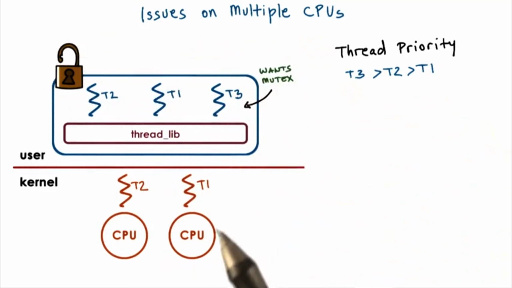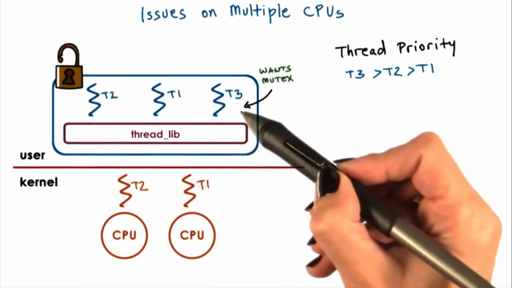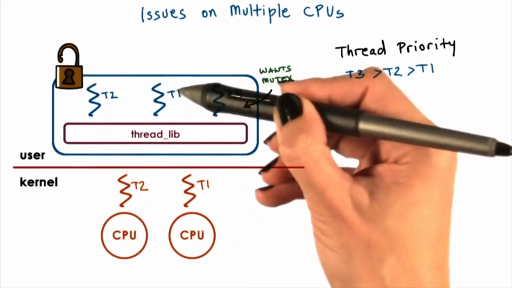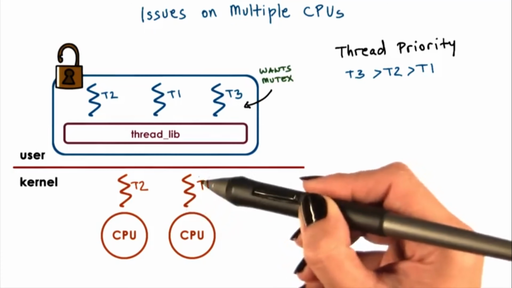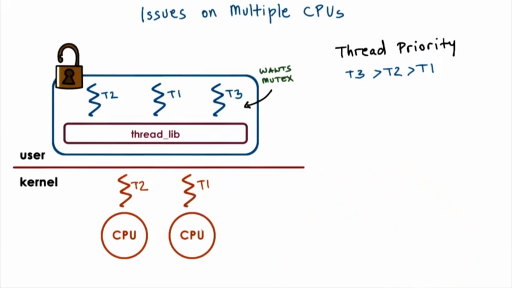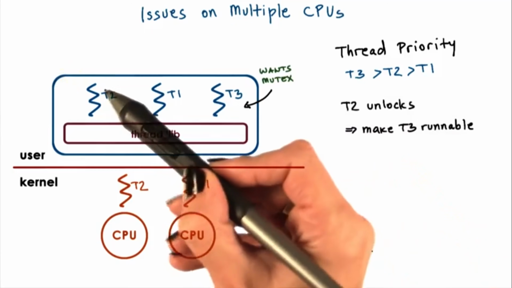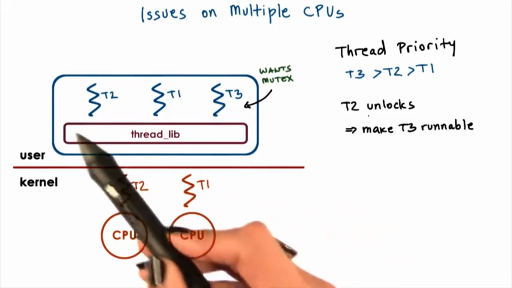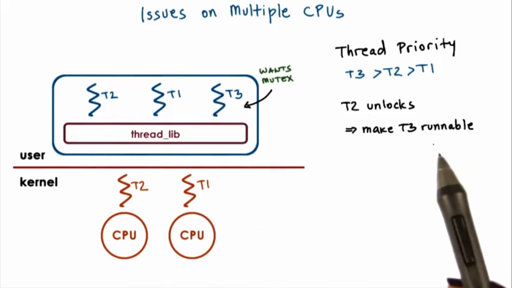T3, the highest priority thread, is waiting on that mutex, so it's blocked. It's not executing. And therefore, the other user-level thread, T1, is the one running on the other kernel-level thread on the other CPU. Now, at some later point, T2 releases that mutex, it unlocks it, and as a result, T3 becomes runnable.